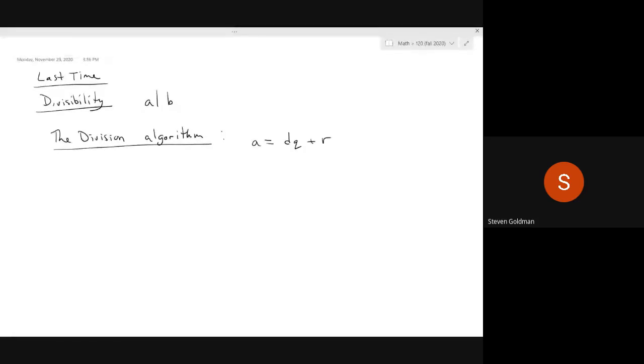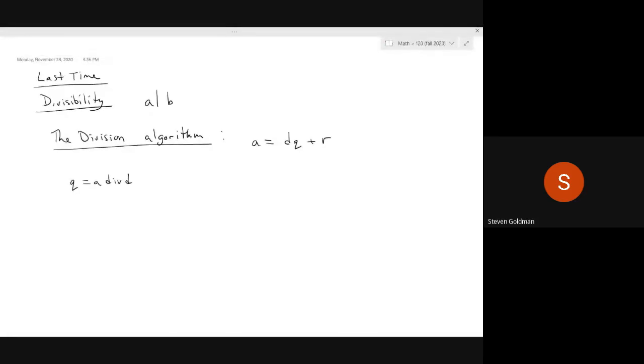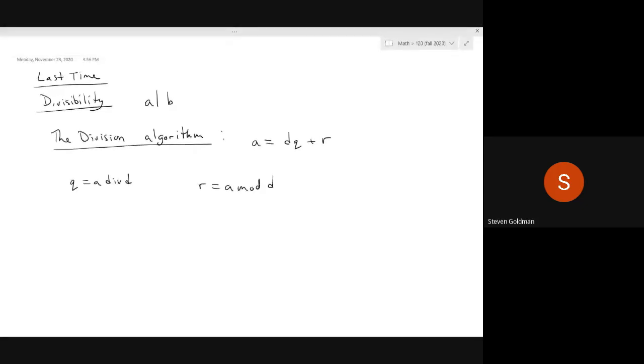So if A is divided by D, then there's a unique Q and R, unique quotient and remainder, such that A equals D times Q plus R. We said that A div D is a shortcut, or an expression that means the quotient, and that A mod D is an expression that means the remainder R.